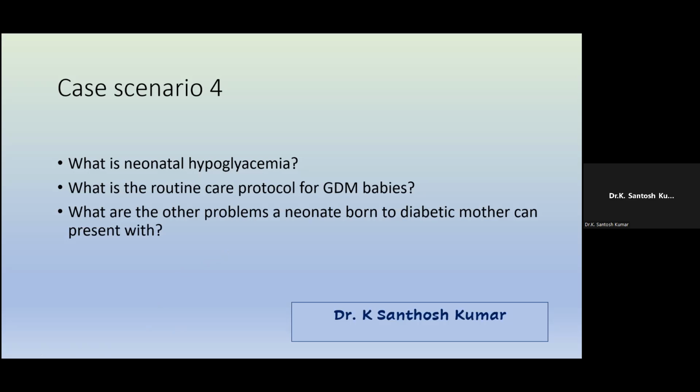Apart from that, an infant of a diabetic mother can have congenital problems. Generally these are associated more with pre-gestational diabetes rather than gestational diabetes, because congenital malformations occur when the baby is affected during the period of embryogenesis. We have already discussed the complications in detail: CNS, CVS, and skeletal. In the CNS, caudal regression is the most specific.